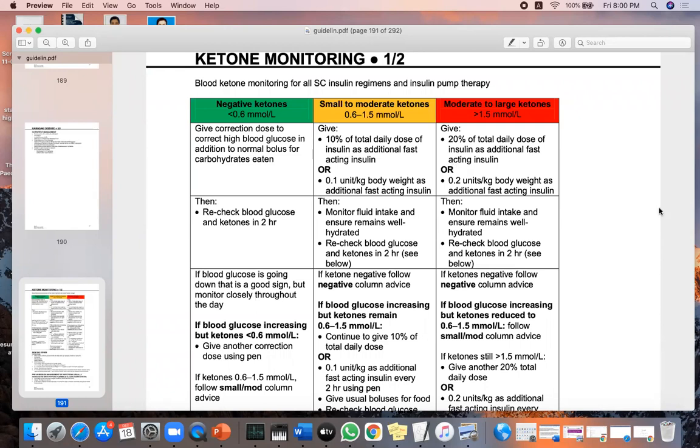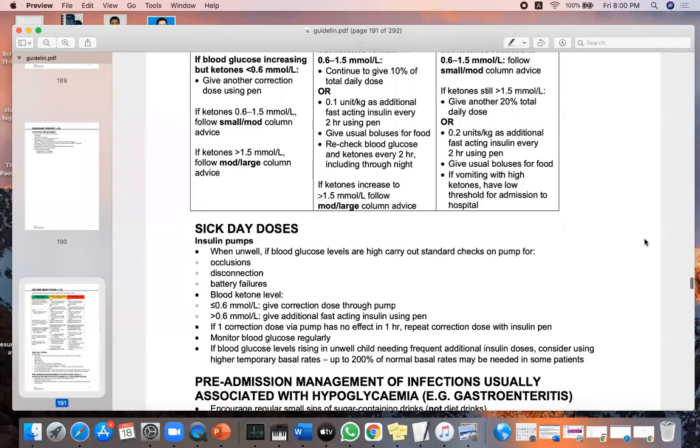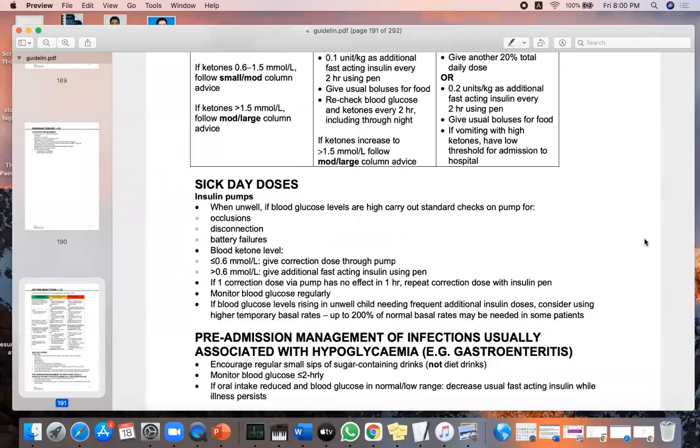suppose a patient is on an insulin pump. Okay, he is not taking any insulin by pen. What will you give? Remember, pump is not better than pen insulin. Why? I'm telling you why. Because pump has many technical errors, like the needle of the pump, the channel of the pump can be blocked, can be kinked.